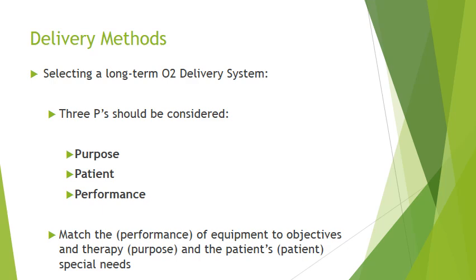So you want to figure out what we're using the therapy for, so what is the appropriate device, and then in special cases, can this person use a concentrator, or are they mobile and self-sufficient enough that maybe the pulse dose will be more suitable.